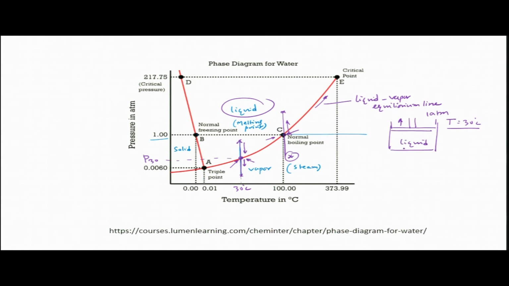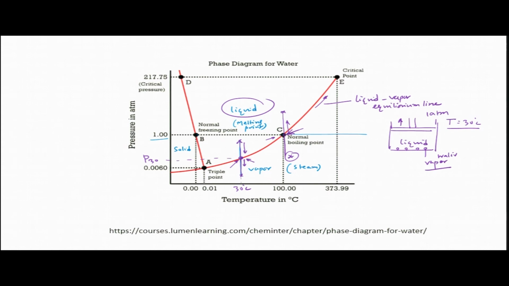At a certain point of time, when this particular point is reached, a small bubble will be created. Okay. So, this bubble contains vapor, steam, water vapor. It is as if the boiling is taking place, because this is the boiling point.